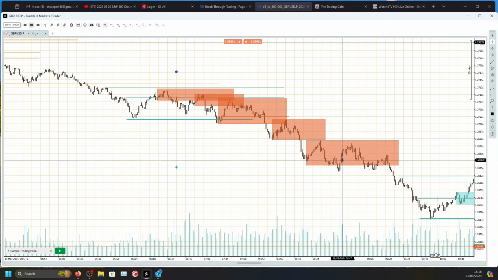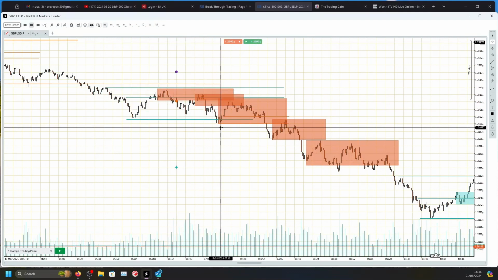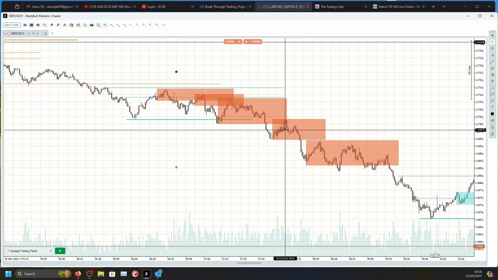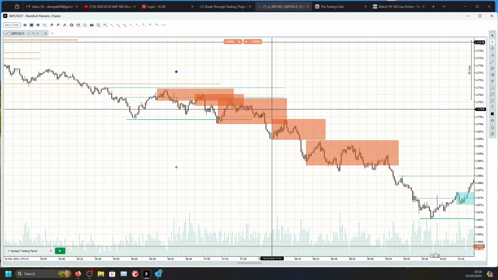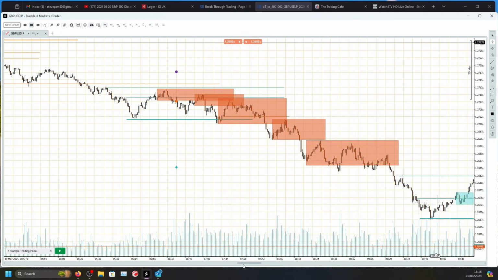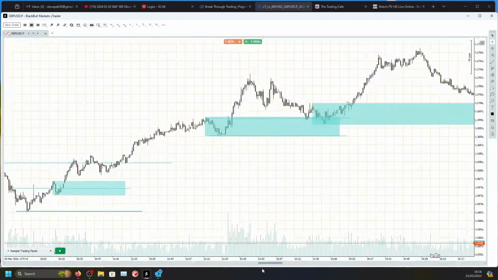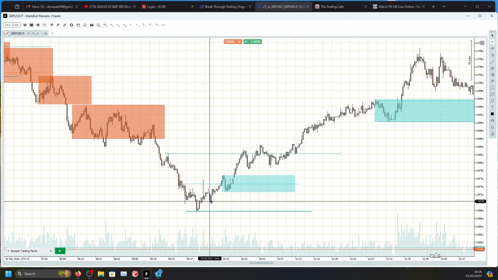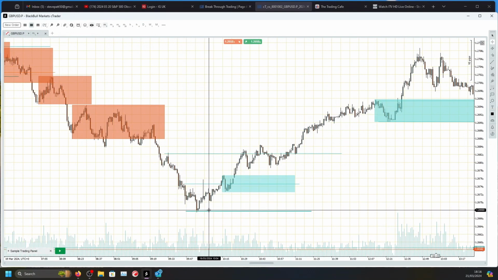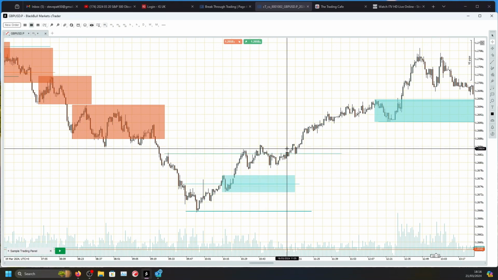But this is just a beautiful price action here when you see this stepping down effect. And here you can see price stops stepping down and starts stepping up.